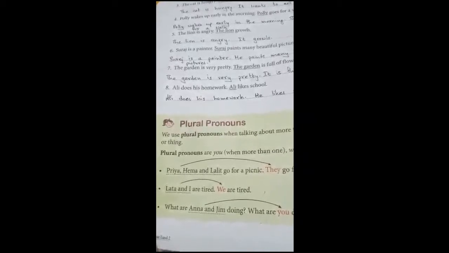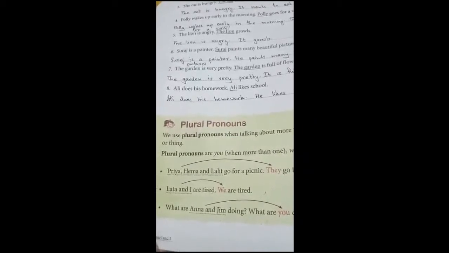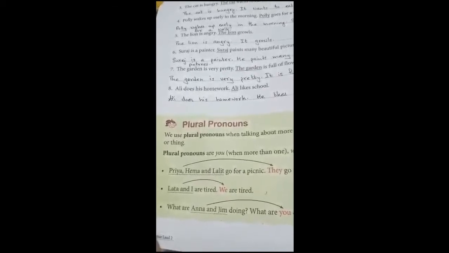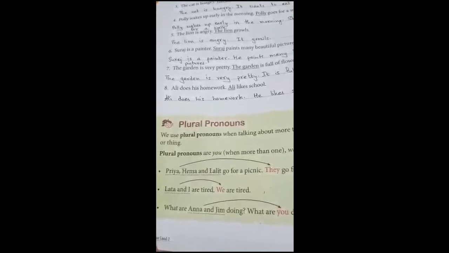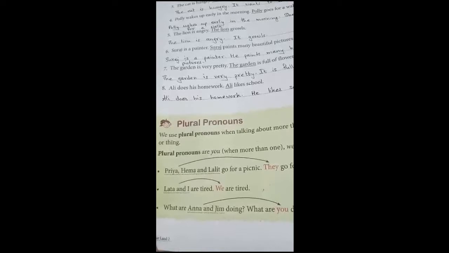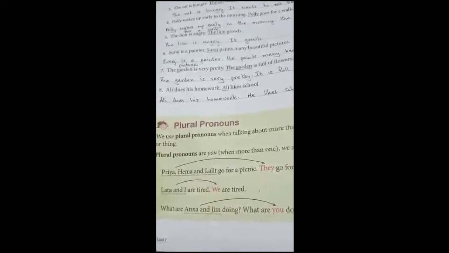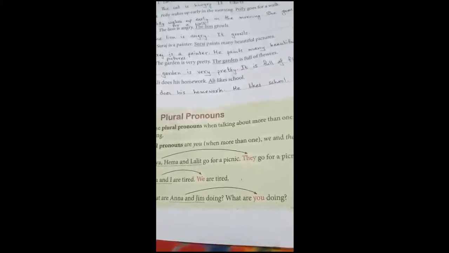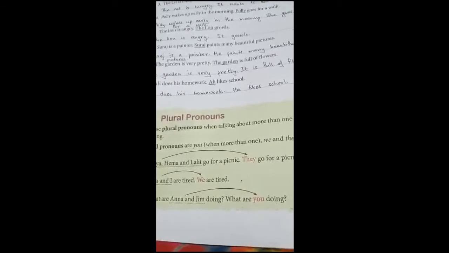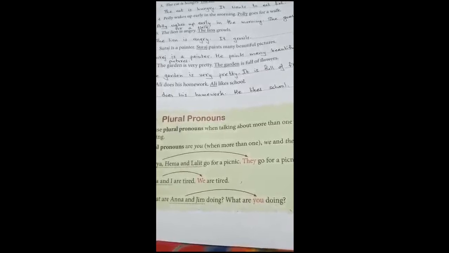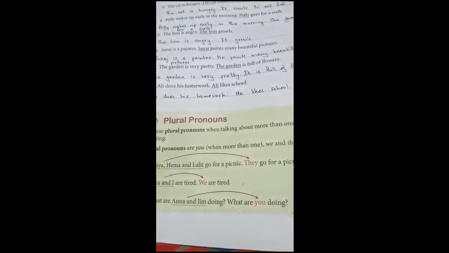So Lata and I are tired: we are tired. Next: what are Anna and Jim doing? Anna and Jim is two persons, more than one, so it is plural, and we use you here as a plural pronoun. What are you doing?